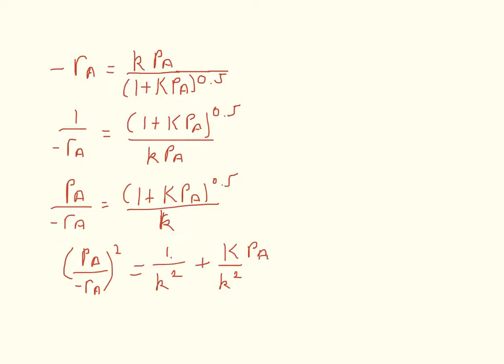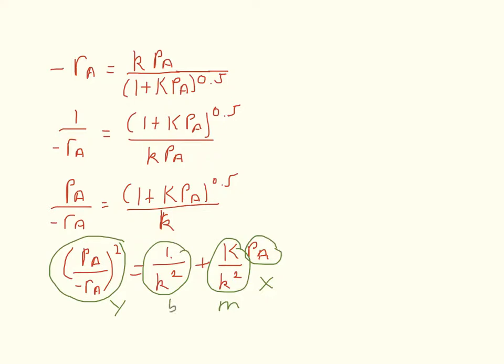If I plot this term on my y-axis versus the partial pressure on my x-axis, then this will be the slope and this will be the intercept. Note that you can't have these constants in the term that you are plotting because you don't know their values.